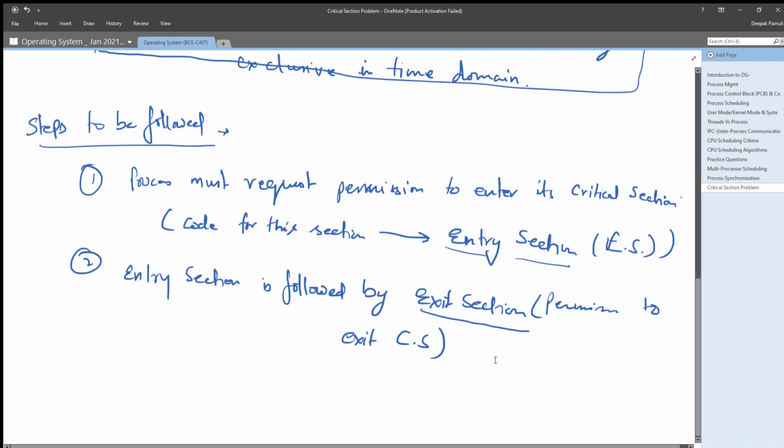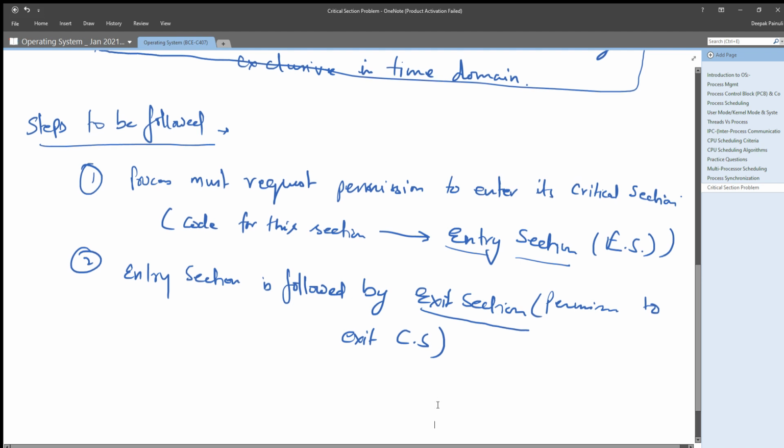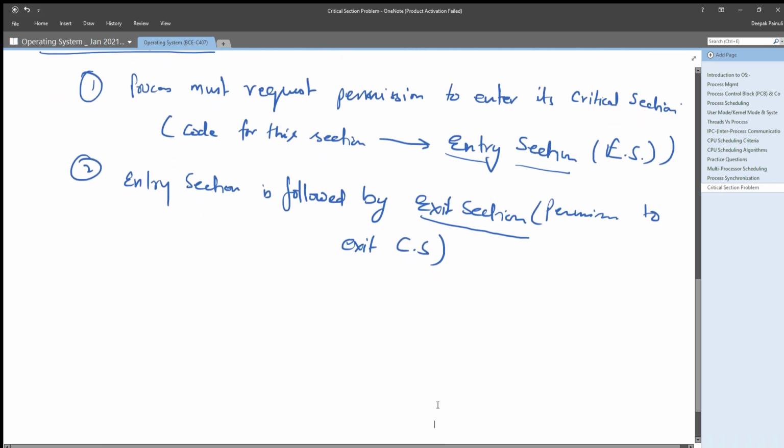There will be three sections, and one last section will be there, which is called the remainder section, except these three.